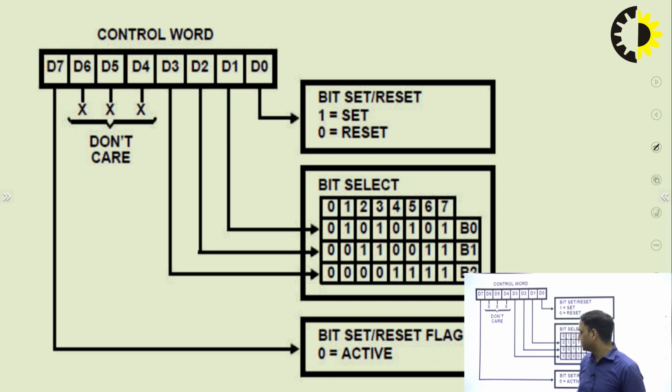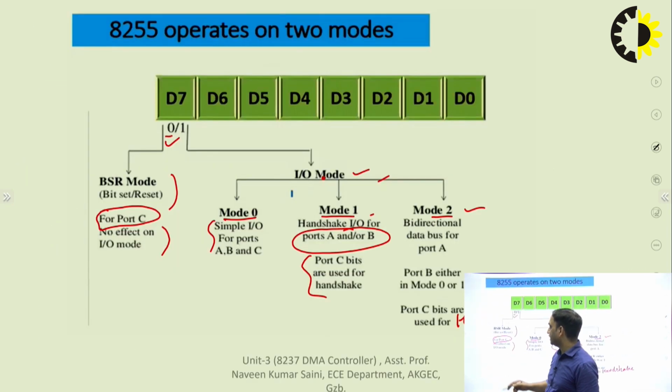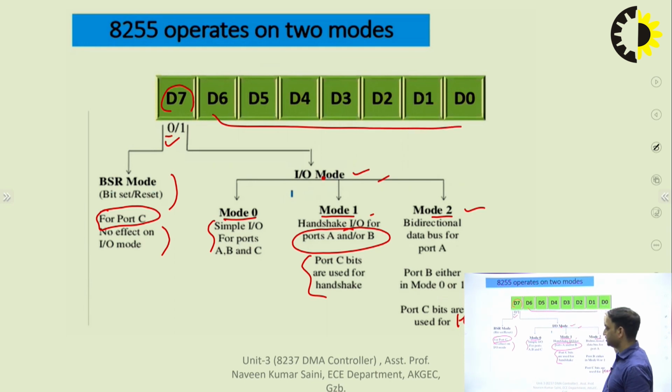So this is the format when D7 is 0. D7 is 0, it means this will work in the BSR mode, bit set reset mode, and in that case these are the don't care lines, right? So I want to say that based on this D7 bit, the functionality of all these bits will change.